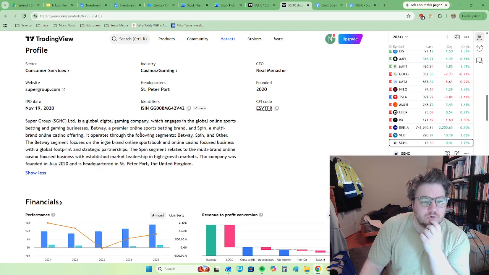Super Group is a global digital gaming company, which engages in global online sports betting and gaming business. Betway, a premier online sports betting brand. And Spin, a multi-brand online casino offering.